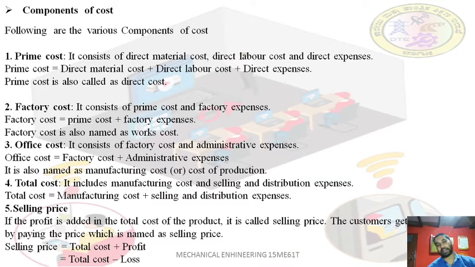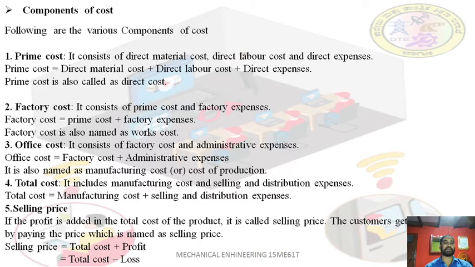What are the expenses that come under selling and distribution costs? That may be the salaries of the salespersons, advertisement, transportation charges, loading and unloading of the workpiece, these things. Whatever expenses come under sales and distribution will be added to the office cost in order to get the total cost.